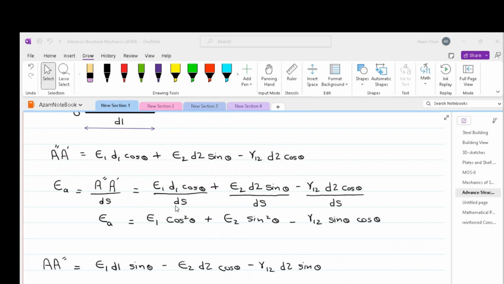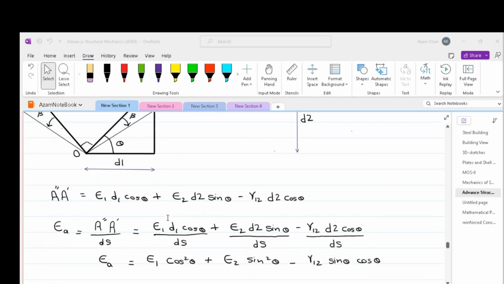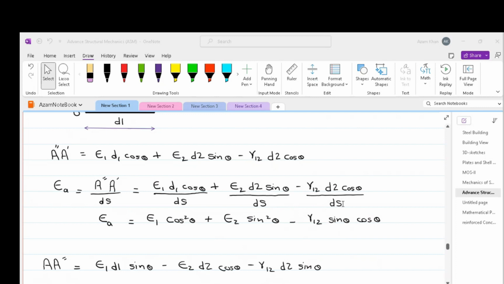Since d1 by ds is cos theta and d2 by ds is sine theta, plugging the values, we get the extension of strain A in terms of strain 1, strain 2, and gamma 12.